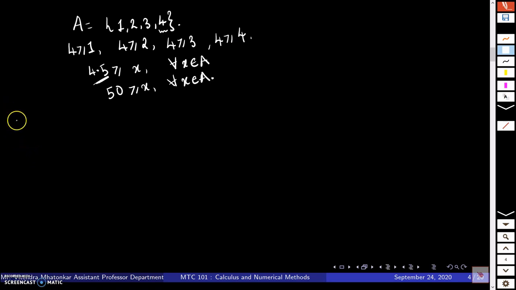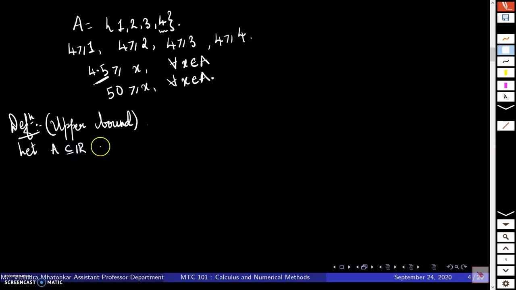So let me put down the definition of upper bound of a set. Upper bound. Suppose I have a non-empty subset A of R. Let capital A be a subset of R which is non-empty.